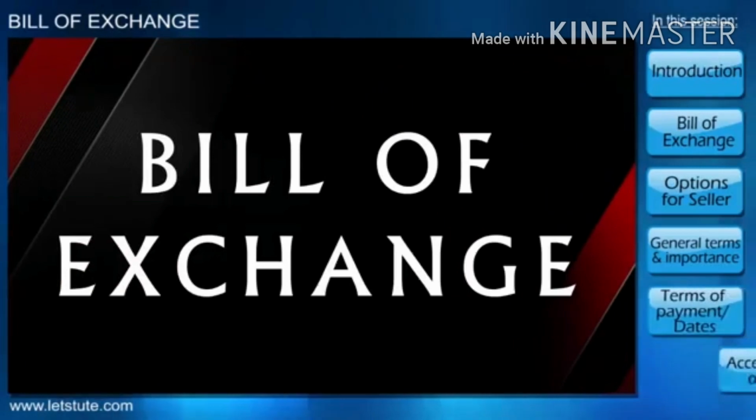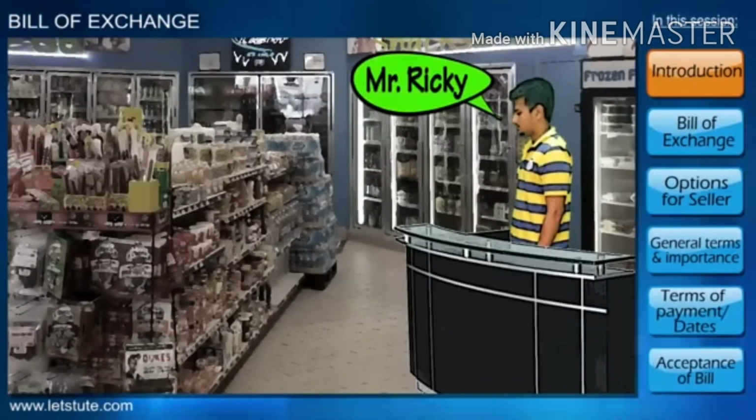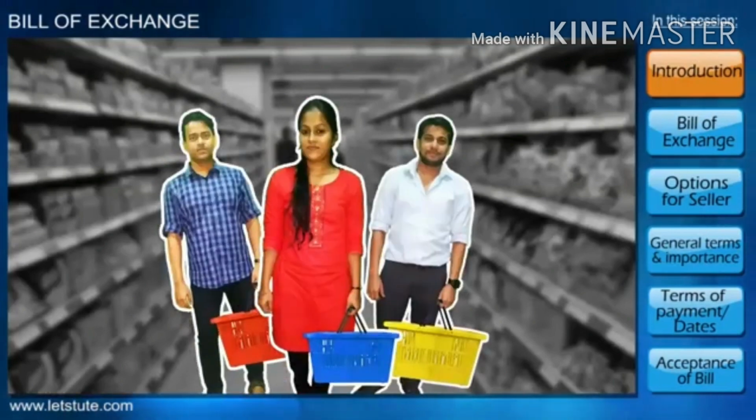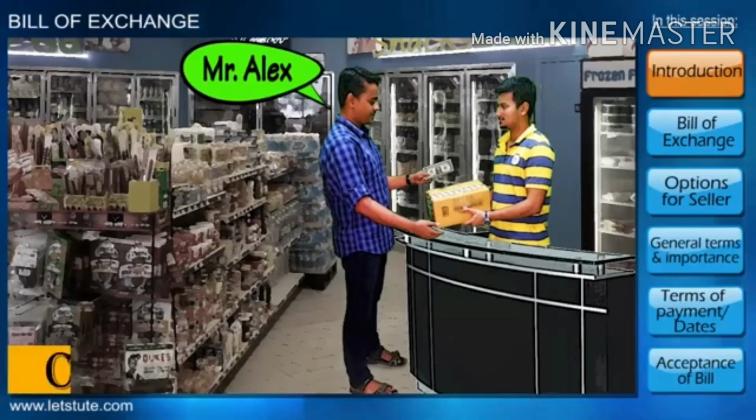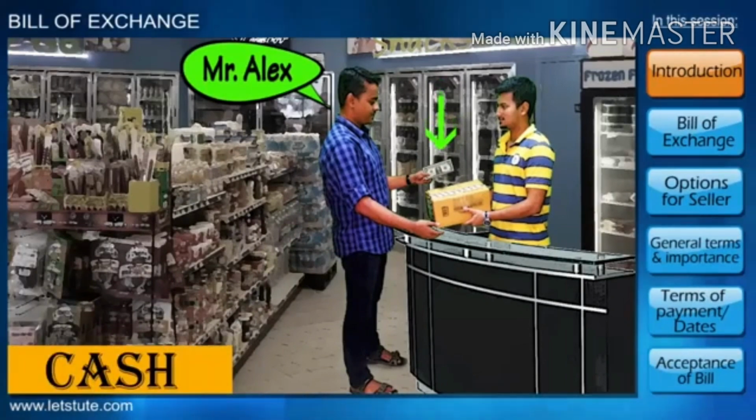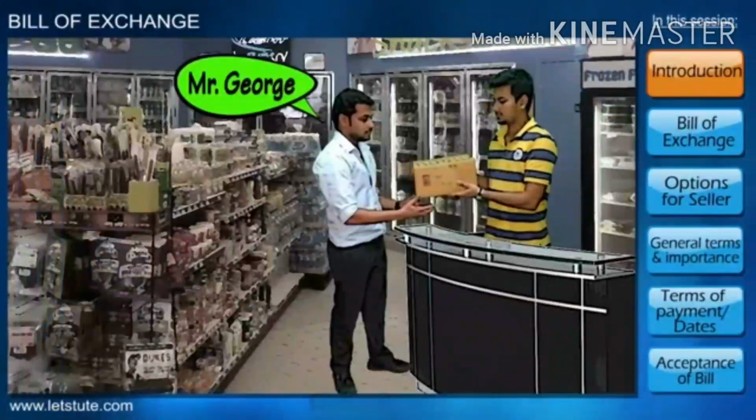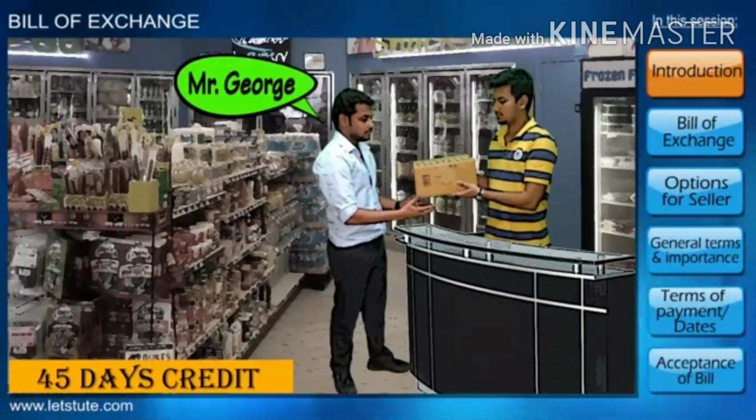Hey everyone! Let's imagine Mr. Ricky is trading in a variety of goods. He had a few customers at his shop to buy goods. Mr. Alex buys goods worth 5,000 and pays cash. And another customer, Mr. George, buys goods on a 45 days credit period.